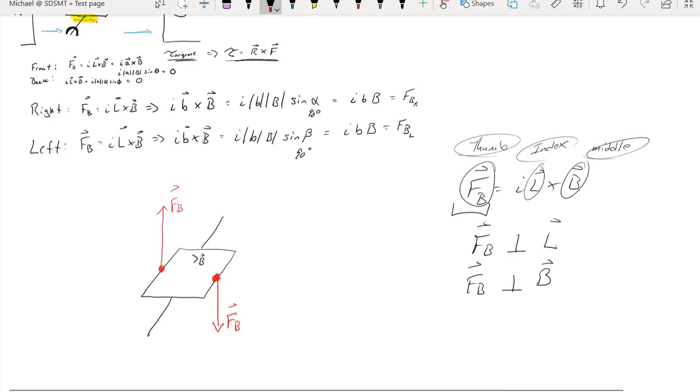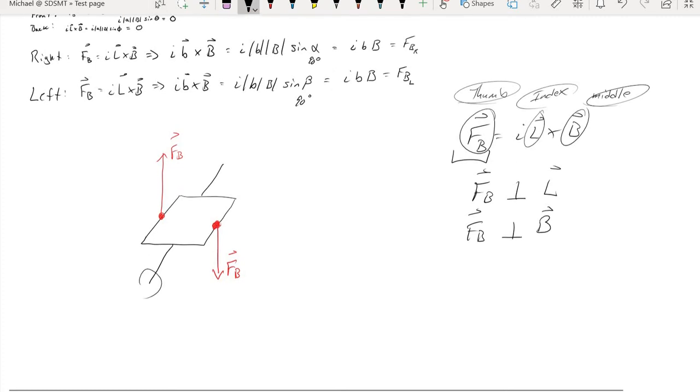Well, what happens when these two forces are applied to this loop? Especially since we have this rod that the loop can rotate about. Well, the force on the right is going to cause the loop to start rotating in a clockwise direction from our perspective.